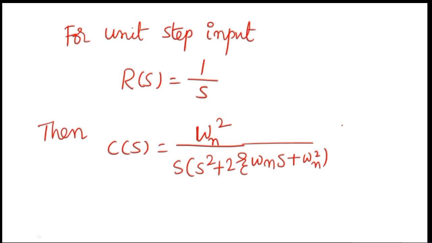Here, the value of zeta is lying between 0 and 1. The roots of the second order polynomial s square plus 2 zeta omega n s plus omega n square are complex and conjugate.